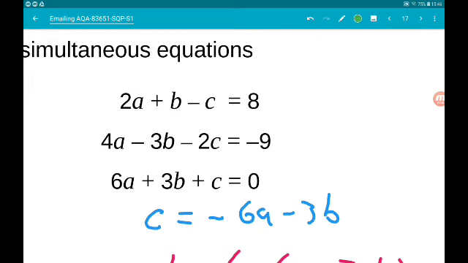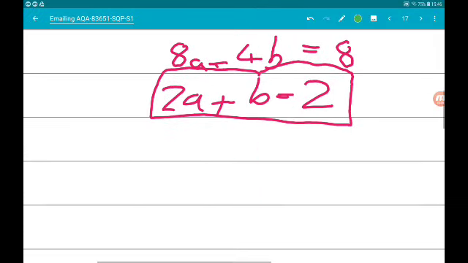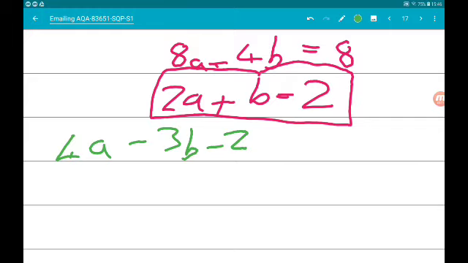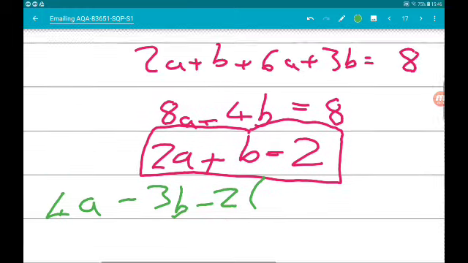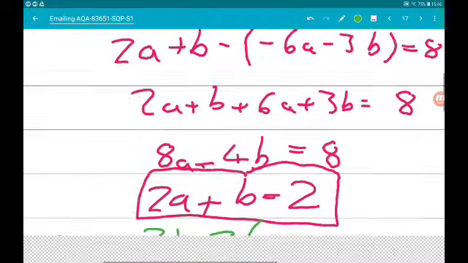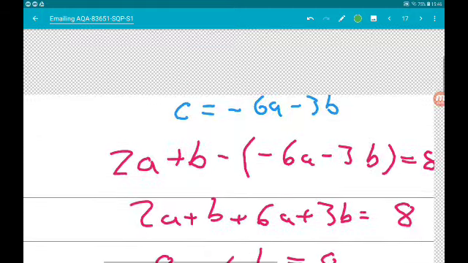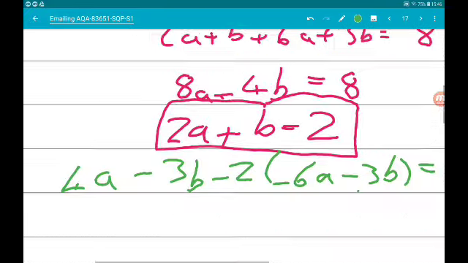So we're going to get 4a minus 3b minus 2 lots of whatever c was, minus 6a minus 3b, and that is equal to minus 9.